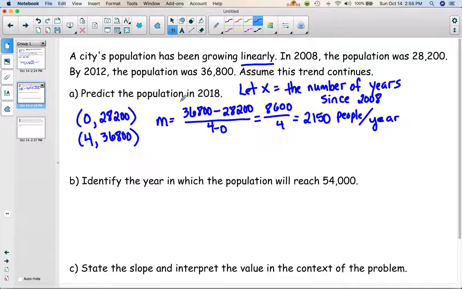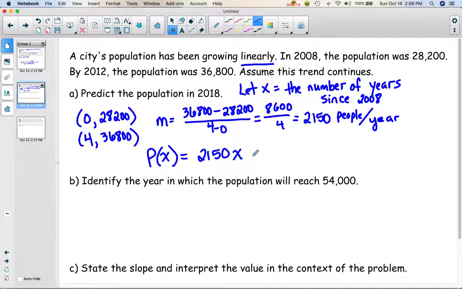Now I'm not done yet because I have to predict the population. So I need to write my equation. I'm going to call this population, and I'm using x, so P of x. So we know the slope, 2,150, my rate of change, times x, number of years.